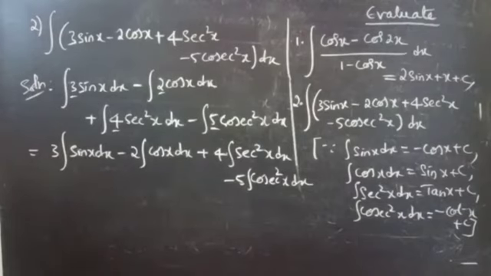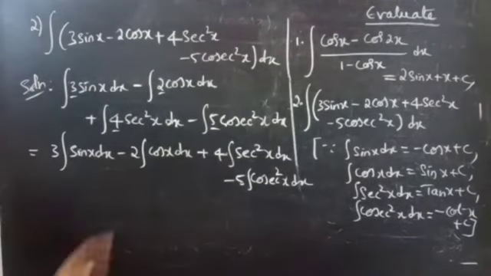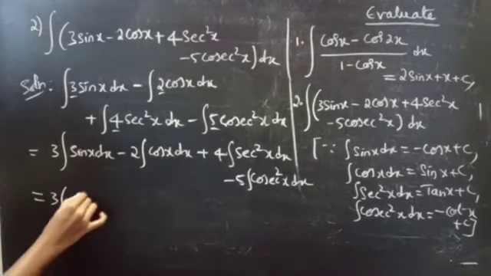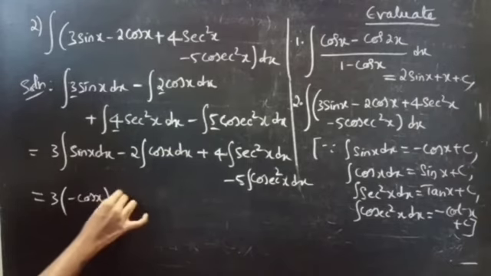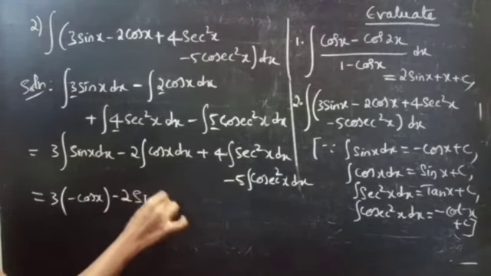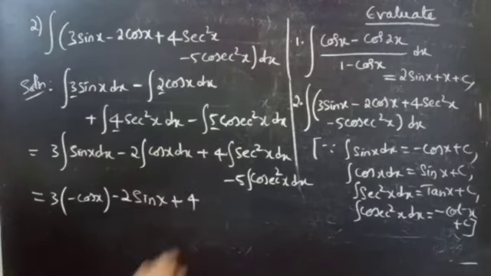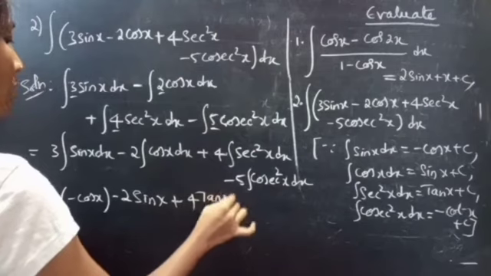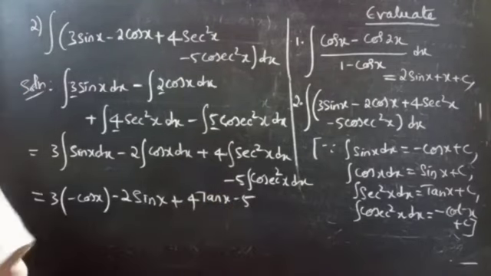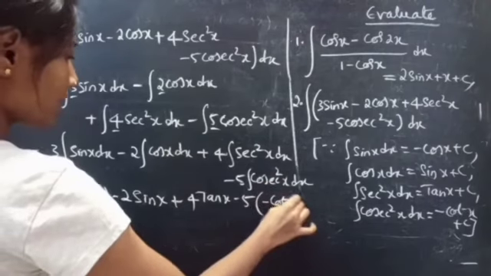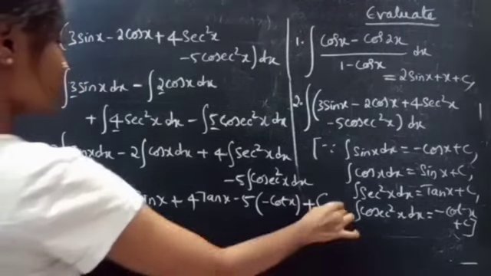So now we can use all these formulas here. This is equal to 3 into (minus cos x) minus 2 into sin x plus 4 into tan x minus 5 into (minus cot x) plus an integral constant c.